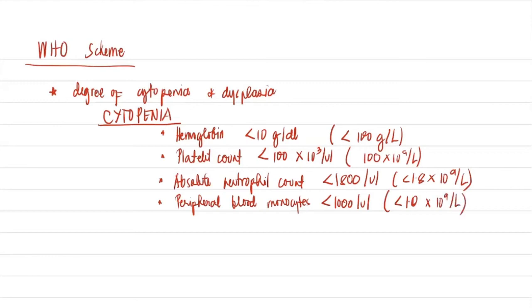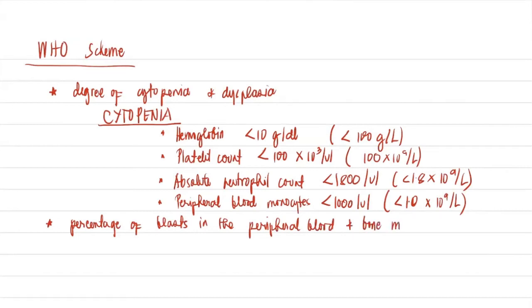Another basis of the WHO classification is the percentage of blasts in the peripheral blood and bone marrow.